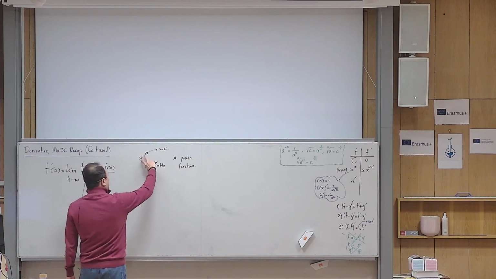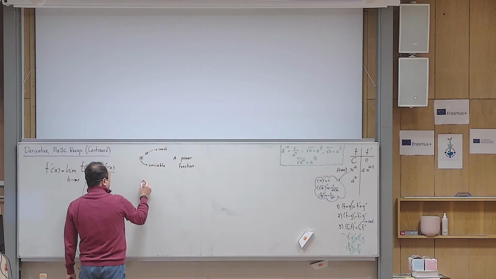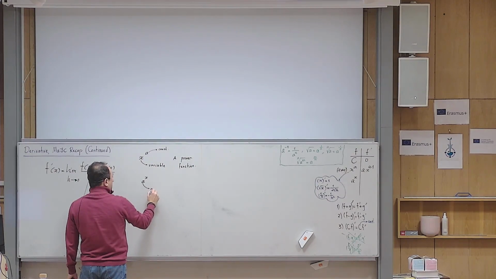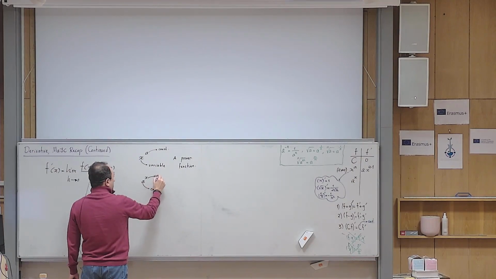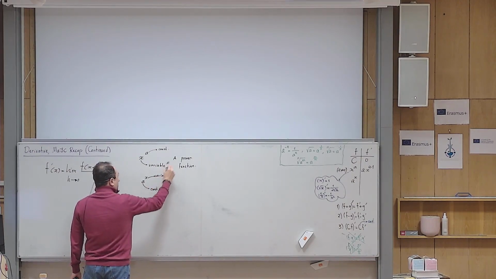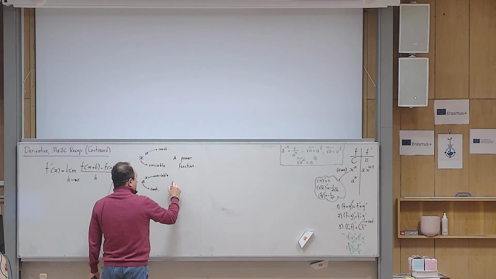Okay, but if I swap them, a goes down and x goes there. So what happens? This is the constant. Yes. And this is variable. And then it is not a power function, it's an exponential function.